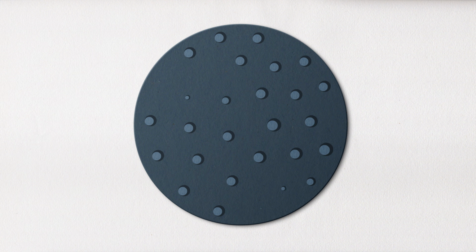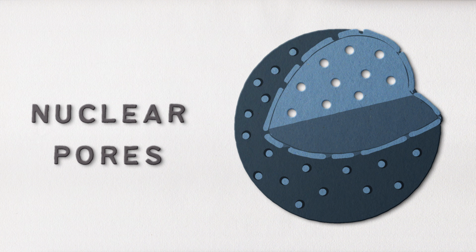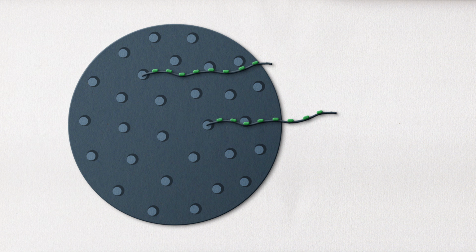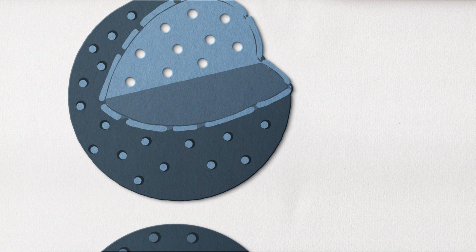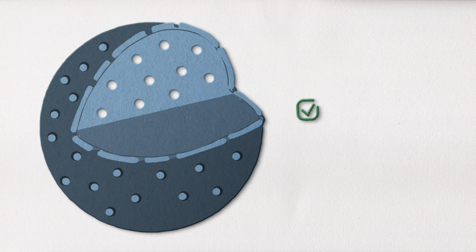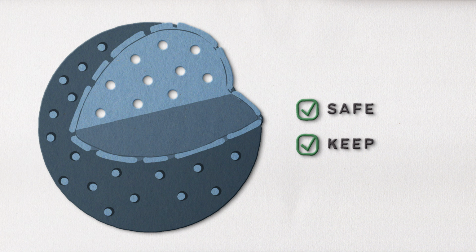Small holes in the envelope, called nuclear pores, act as a safe passageway for different molecules like proteins and RNA. The pores are like a bodyguard. Unless you pass the check, you're not allowed entry. And this keeps the nucleus safe and allows it to keep doing its job without issue.